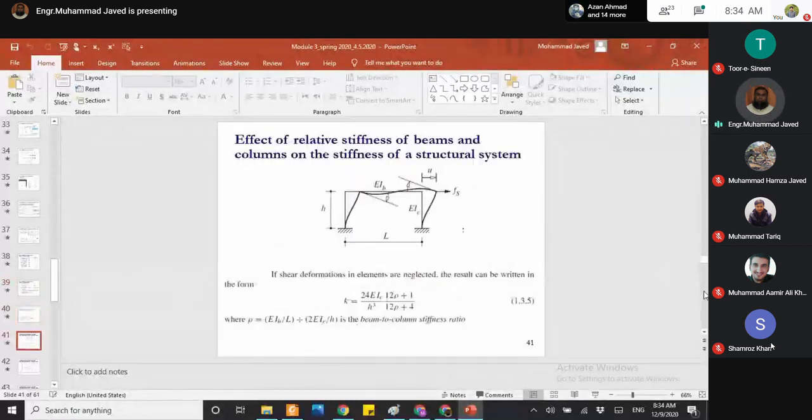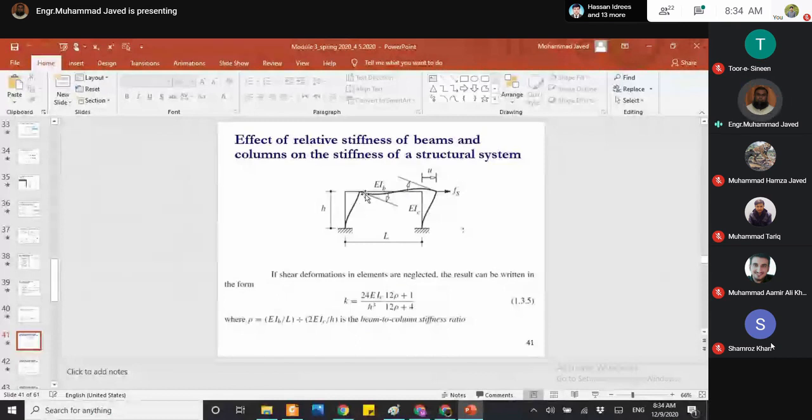अच्छा, effect of relative stiffness of beams and columns on the stiffness of a structural member. Beams और columns की जो relative stiffness है इसका structural system की stiffness पे क्या effect पड़ता है? I will just tell you the summary.